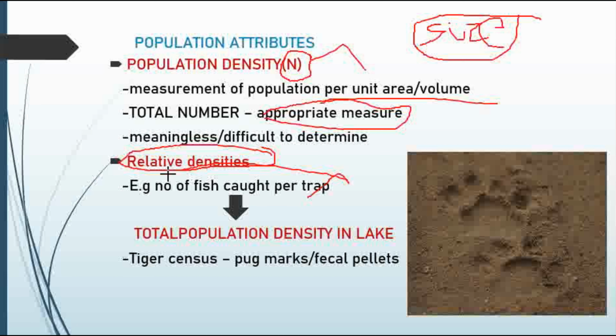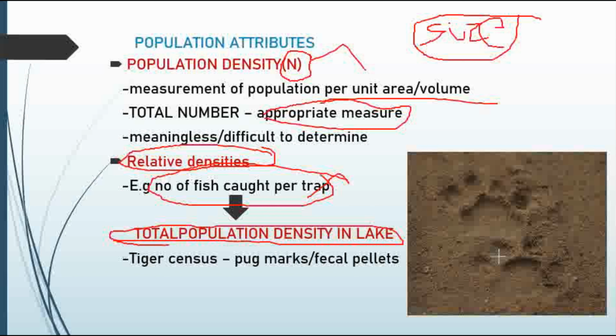How much fish you get in one trap gives us a value of total population density in a lake. So this is an indirect measurement. You can't go and count the number of fishes in a lake or a pond. That is impossible. So how many fish we get in a trap, we calculate that as the total population density in a lake. That is what we call relative density.